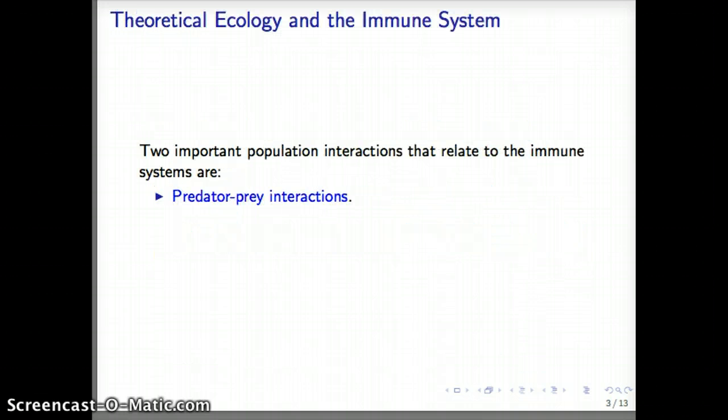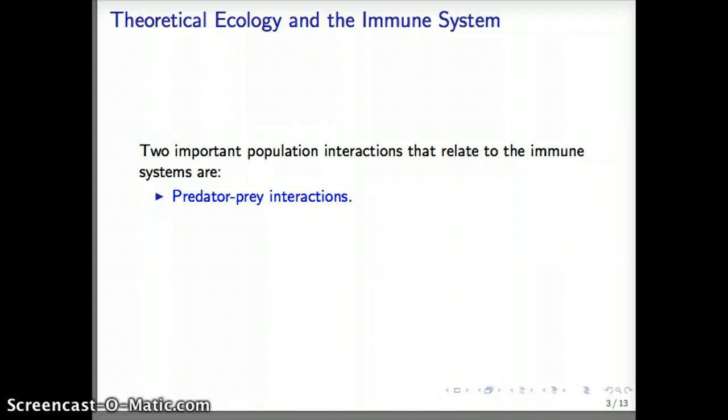And we have spent a fair amount of time learning about ecology. We were using concepts such as species in interaction. They were interacting with each other, and we learned about systems where there were populations of predators interacting with populations of prey.